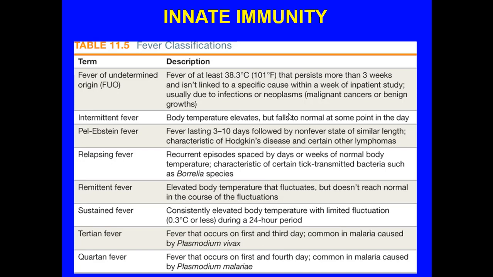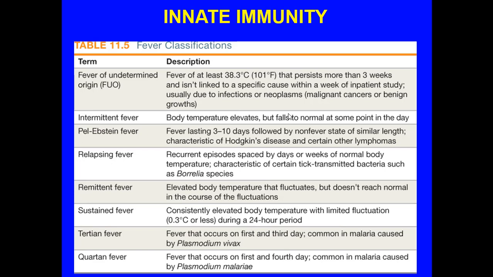The intermittent fever, the body elevates but then falls to normal at some point in the day. Well, that could be something more influenza-like. Pel-Ebstein fever lasts 3 to 10 days, followed by a non-fever state of similar length. Characteristic of Hodgkin's disease, certain other lymphomas.